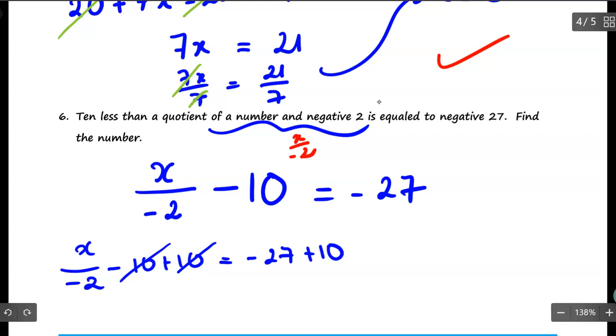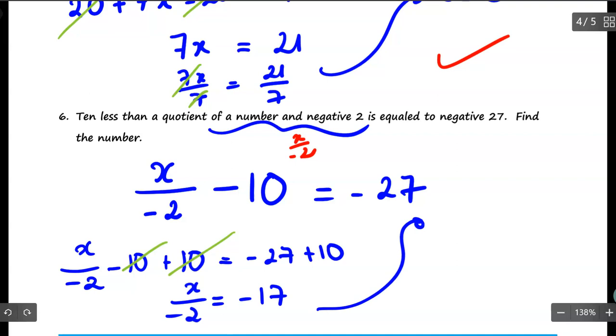I plus 10 on both sides, then I get rid of that. Now I will have x divided by negative 2 will be equal to negative 17.